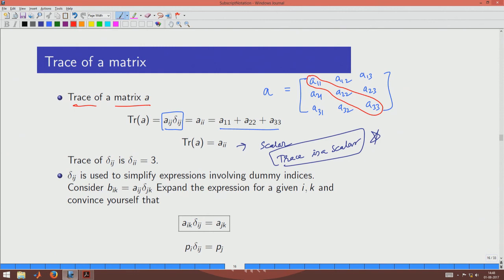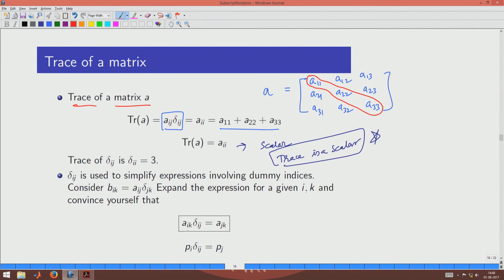Because we know that delta is taking a value of 1 only when the two indices are matching, it implies that whenever it is multiplied with a quantity, the one index that matches is going to be replaced. So, here we can see that i is matching. So, the remaining index, j, is going to replace that index, and then you have got Ajk.